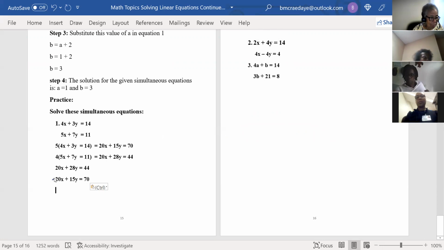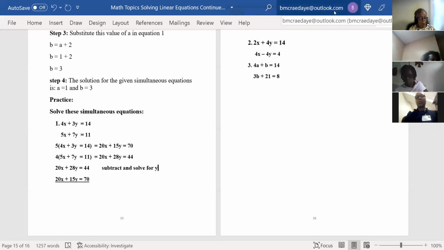So do the subtraction and solve for y. Tell me what you get for y.